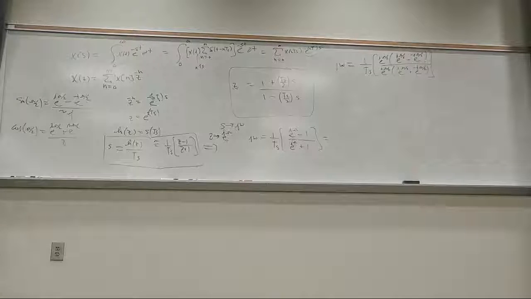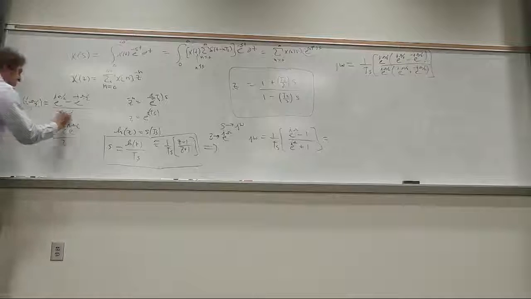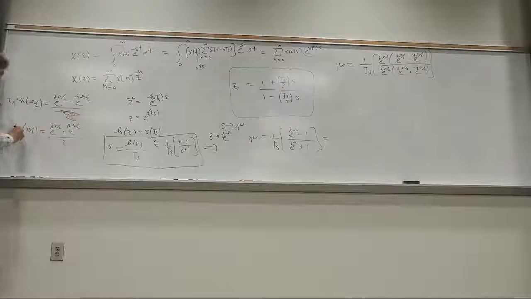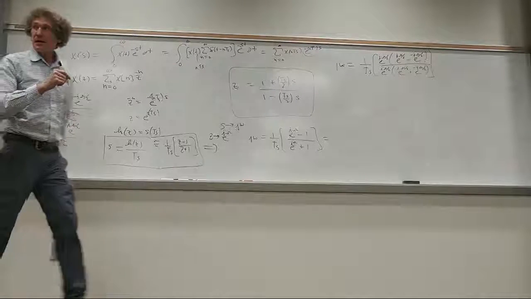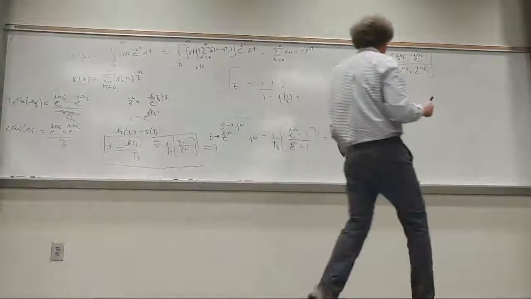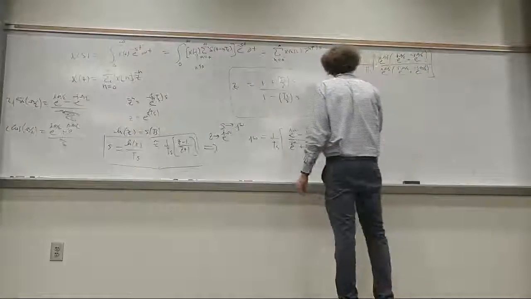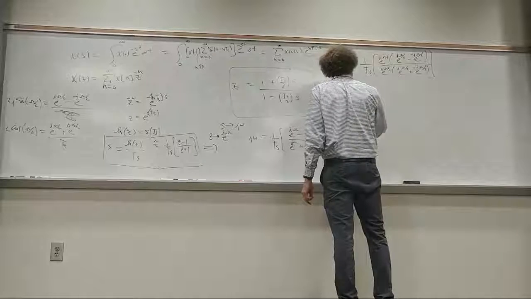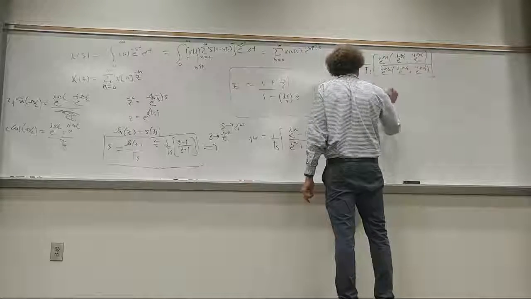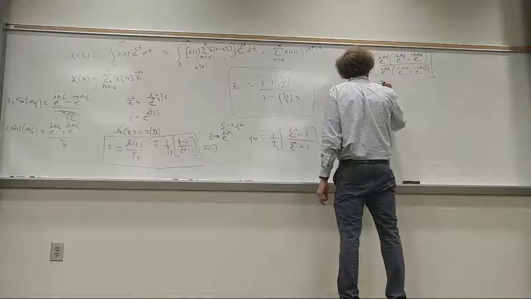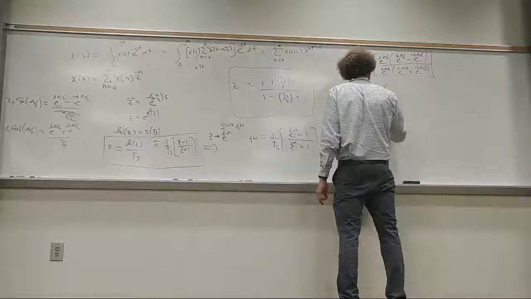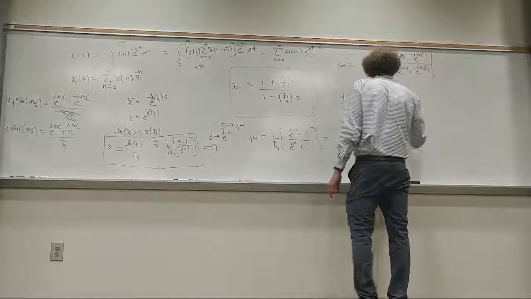You all agree with me there? Okay? We've done this a lot of times. I'm going to multiply this by 2j, multiply this by 2. And now I simply substitute. Come down here and I have j omega is equal to 1 over TS times e to the j omega over 2 over e to the j omega over 2. That cancels and becomes 1.